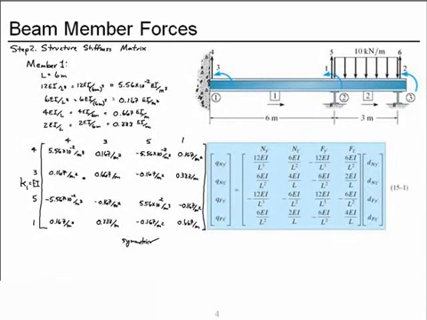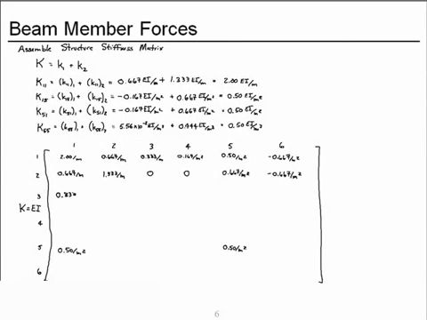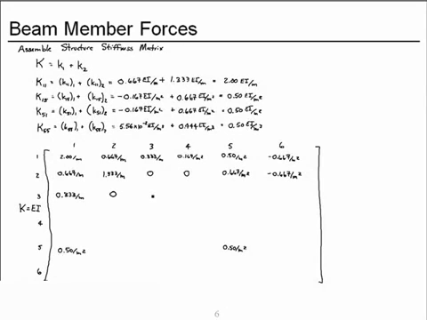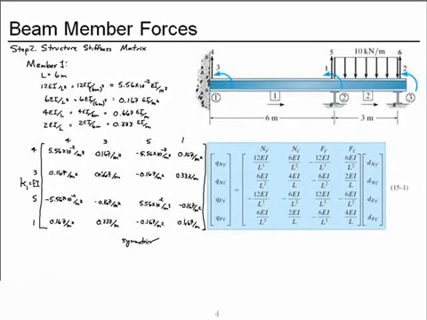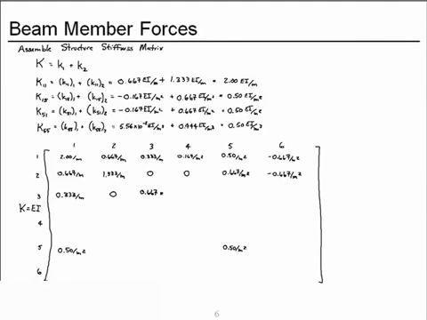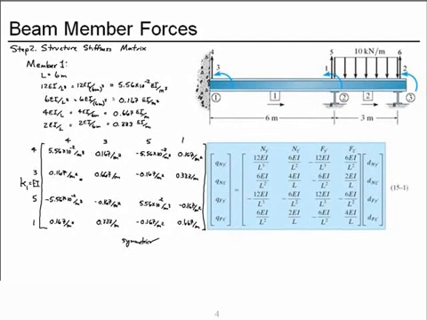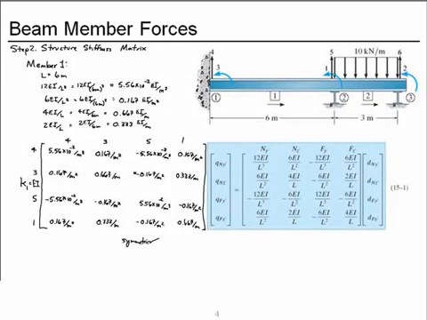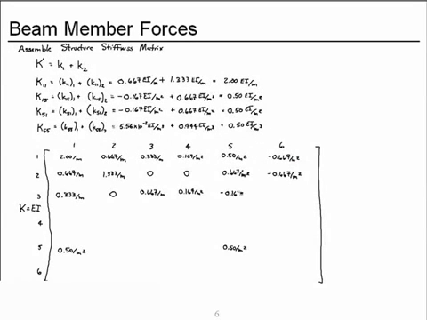3,1. Row 3, column 1 comes only from member 1. 3,2 we saw would be 0. 3,3 comes from member 1. 3,4 also comes from member 1. 3,5 is given by this coefficient.